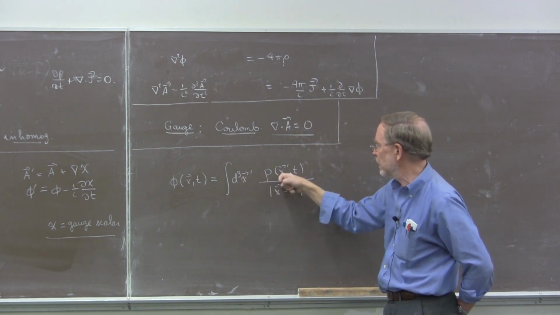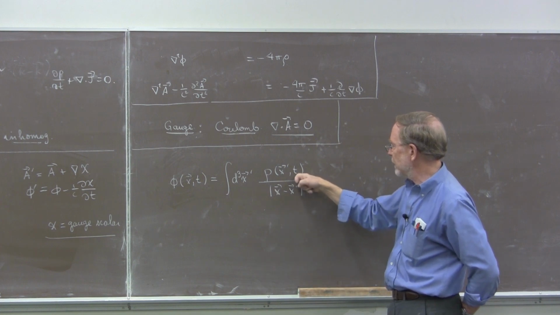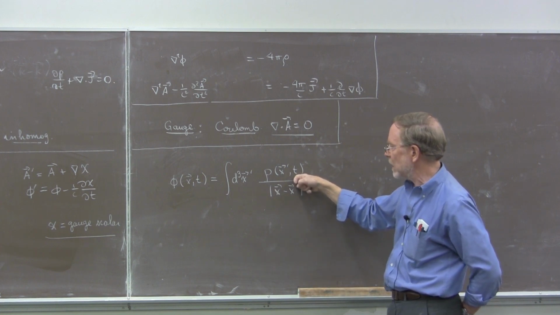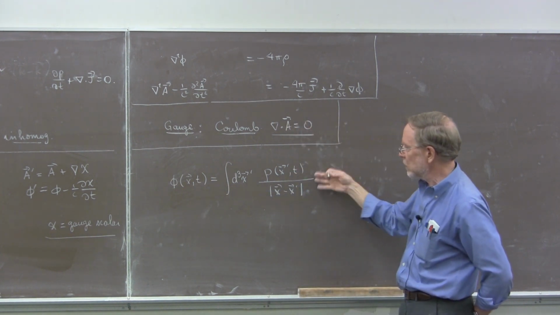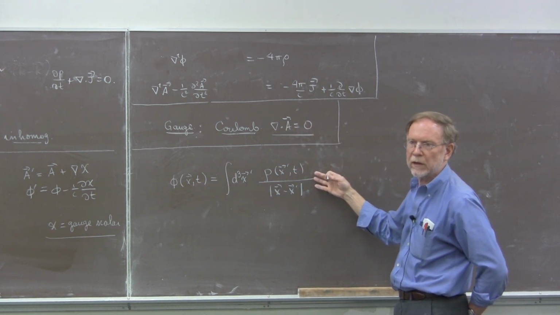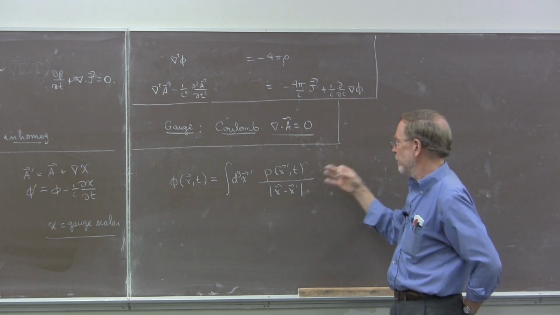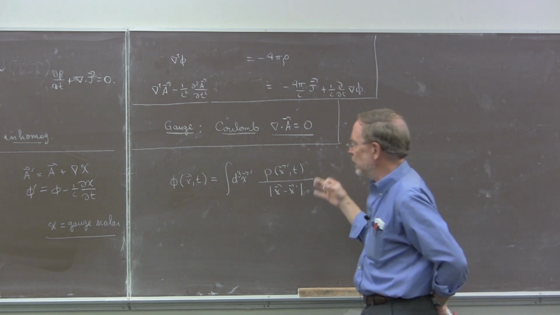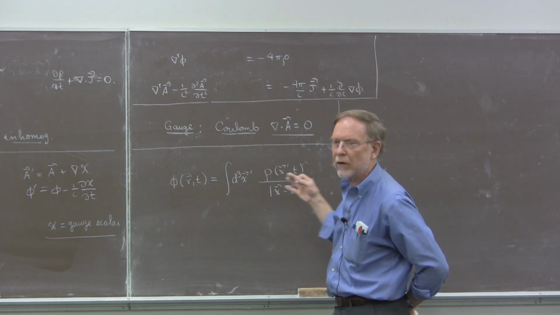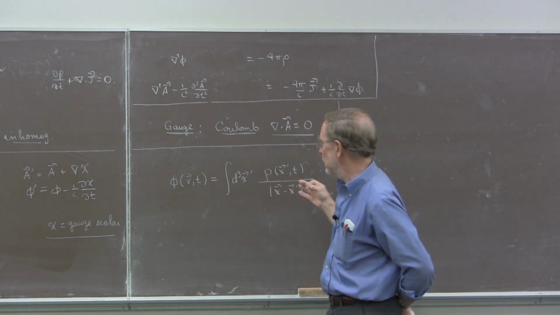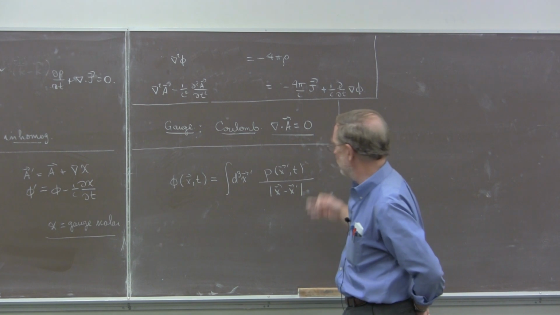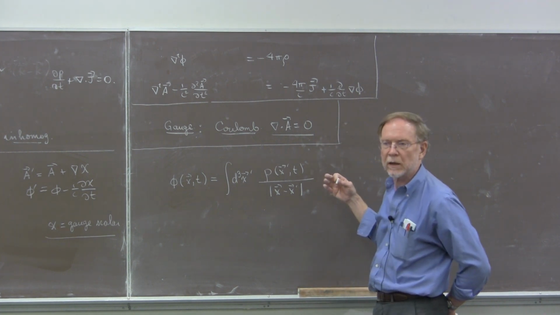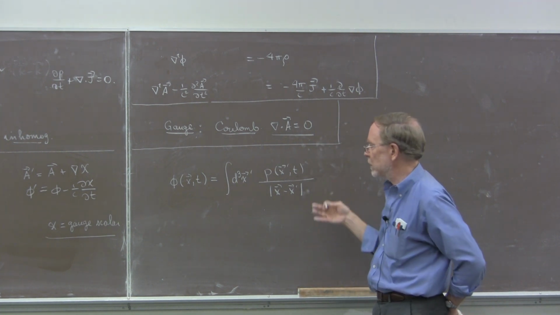That's what this x prime integral is, evaluated at their locations at the same time at which we're measuring phi. In other words, this solution of the Poisson equation does not involve any retardation. Now, we know that there really is retardation. We know that signals cannot travel faster than the speed of light. So it would appear that all we have to do is go and measure phi, and we violated relativistic causality by using these formulas here.